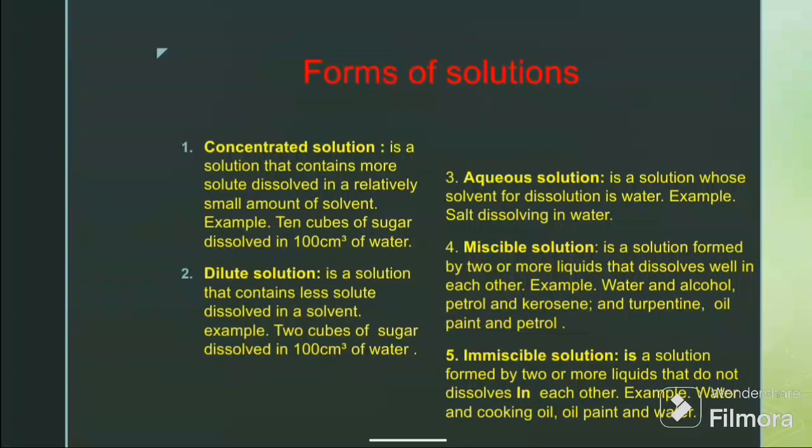For example, we can take cooking oil and water. They can never mix. Why? Because of different densities. The oil will be at the top and the water at the bottom. With oil paint and water, the oil paint will go to the bottom and the water will be at the top. It can never mix.